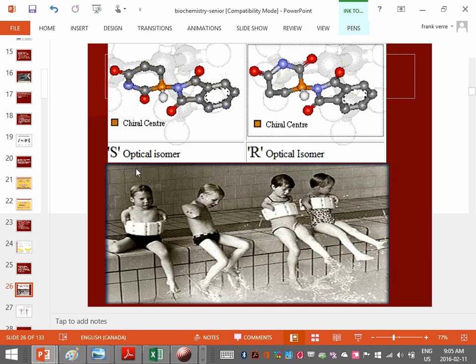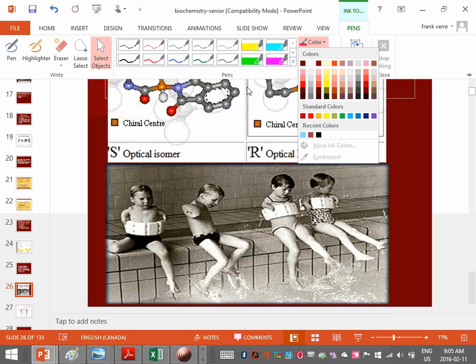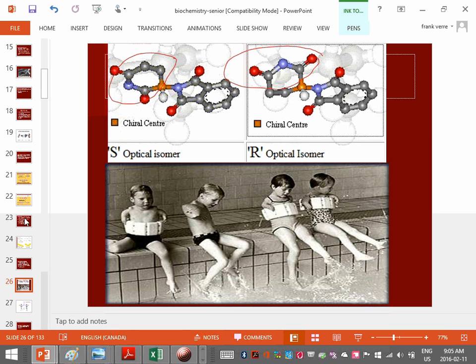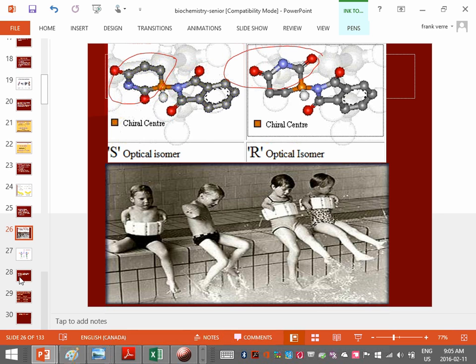Comparing these two, you can see they've been flipped. One version caused morning sickness and the other caused birth defects. Okay? So we talked about isomers.